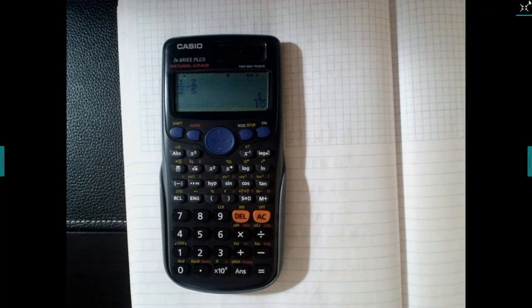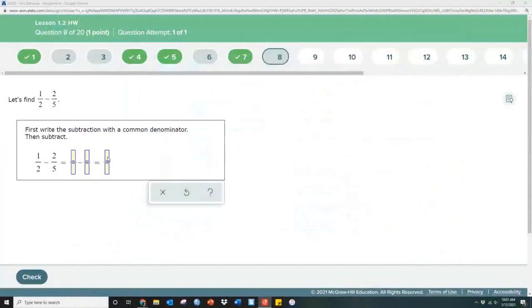Now, while I could put that as my answer here, 1 over 10, it is not going to help me answer all the pieces that I need here. So what I need to do is think about what can I do to get 2 to 10? So I need to multiply it by 5, right? Because the common denominator is going to be 10. So whatever I multiply, I'm going to write this down because I think it might be beneficial.